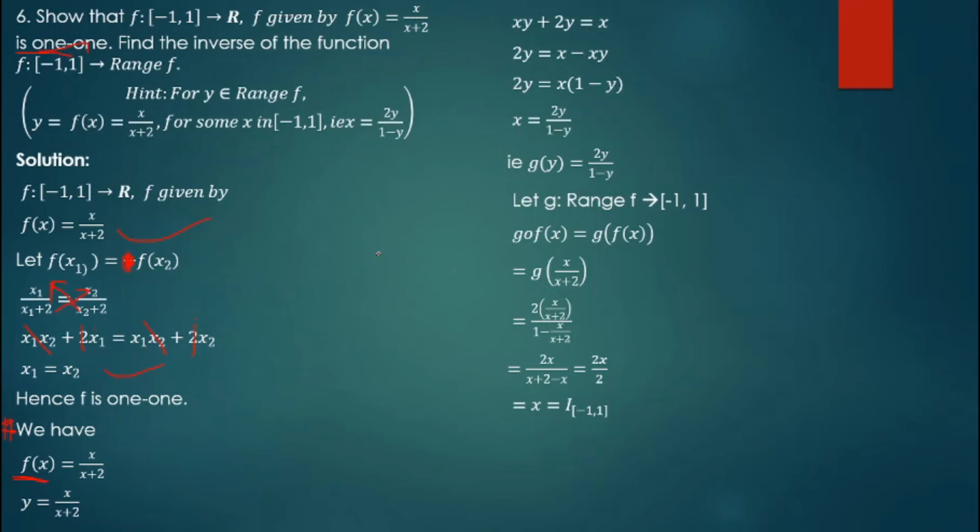So when we write, what will happen, x plus 2 will move to this side, and y into x, xy plus 2y equal to x.